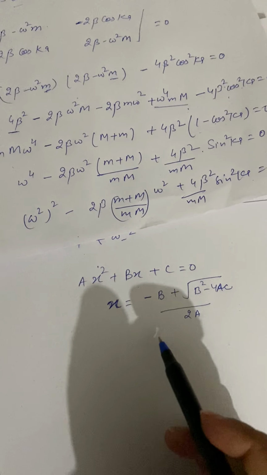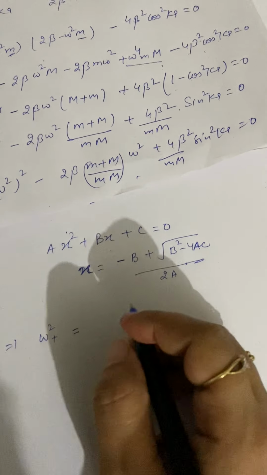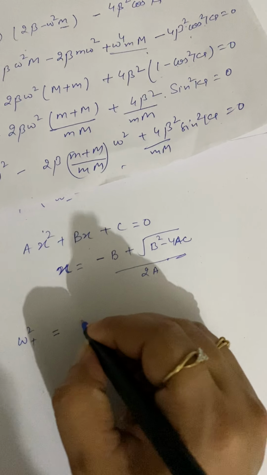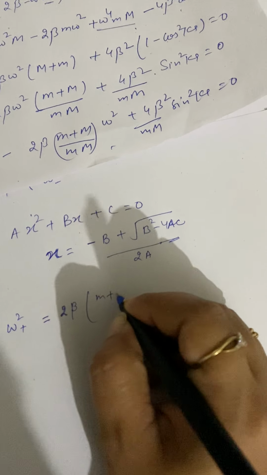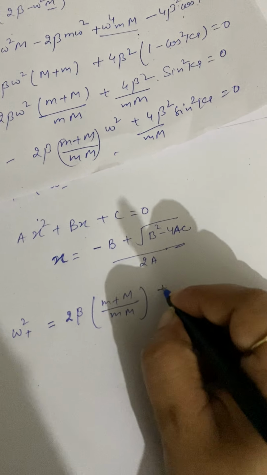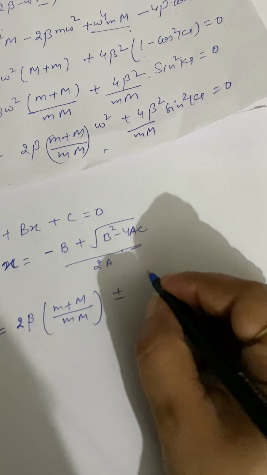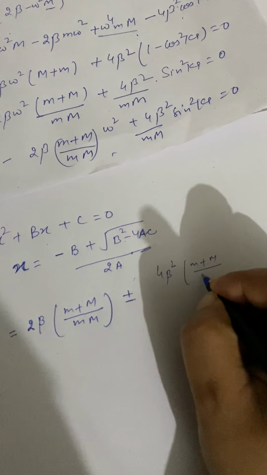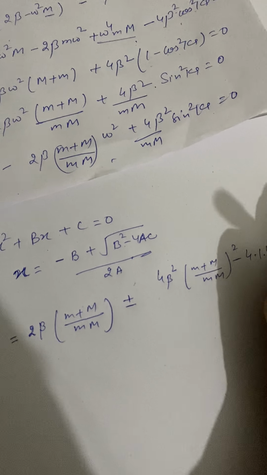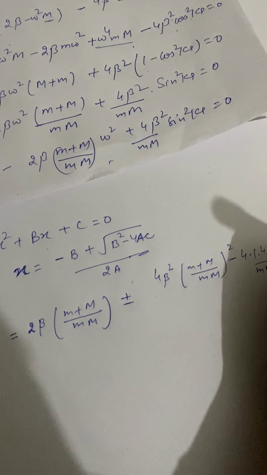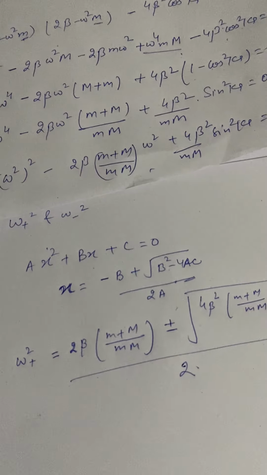So by relating this formula, here we will have omega square plus minus is equal to twice of beta (m plus capital M) divided by m M, plus minus the root of b square, which is 4 beta square (m plus M) square divided by m M square, minus 4ac, here it is 4 beta square sin square ka divided by m M, divided by twice of a. Here the value of the coefficient a is 1.